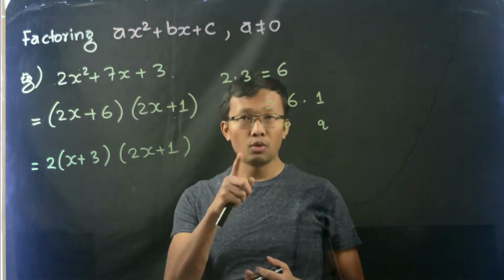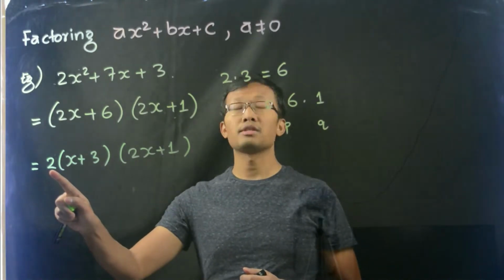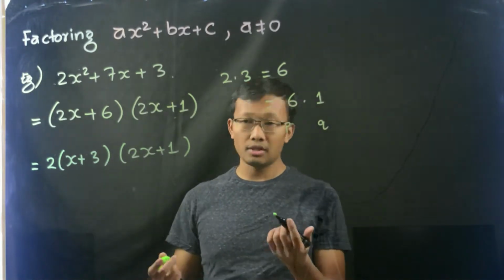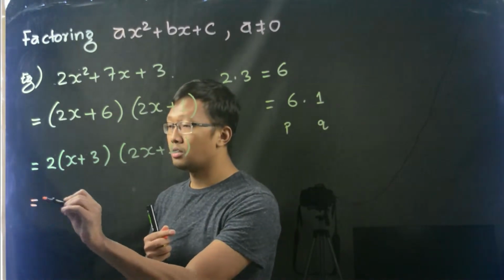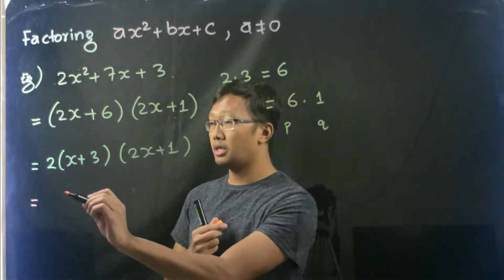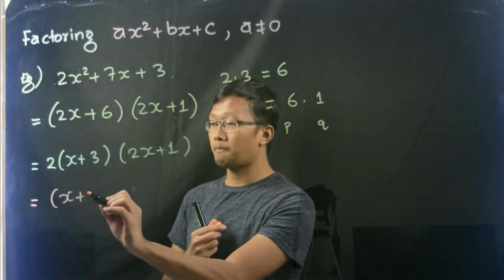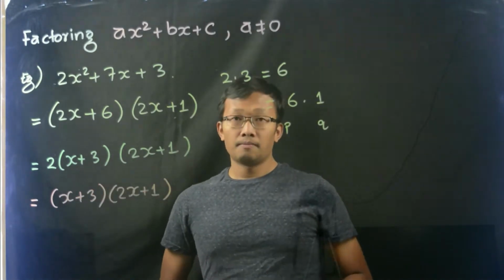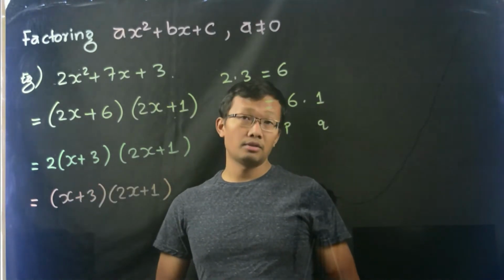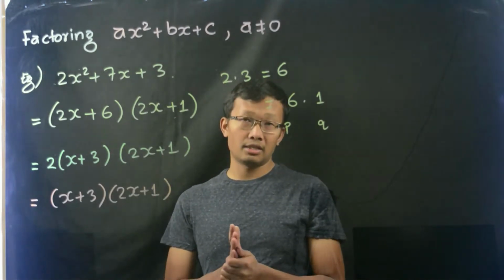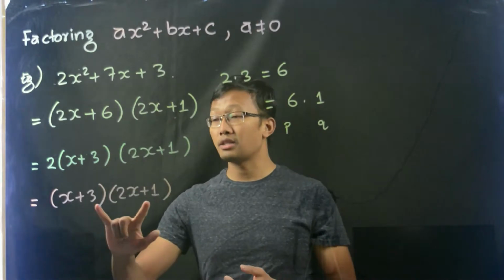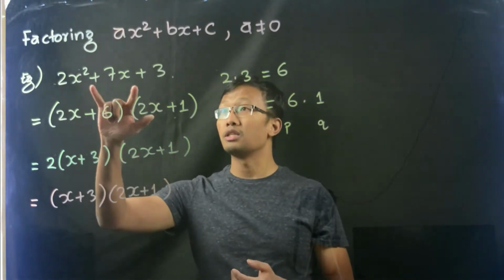I would want you to ignore this common factor 2. Just ignore it. So our factorization would be x plus 3 times 2x plus 1. That's our total factorization. Now we are still not done yet. We need to check whether these two factors give us this result or not.